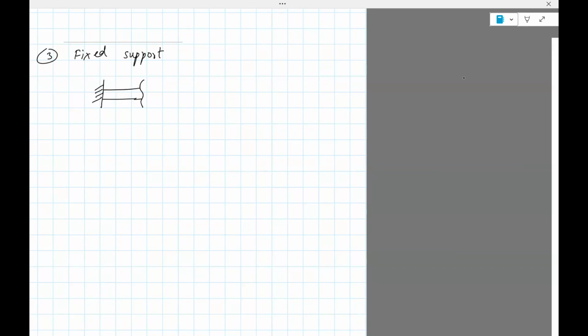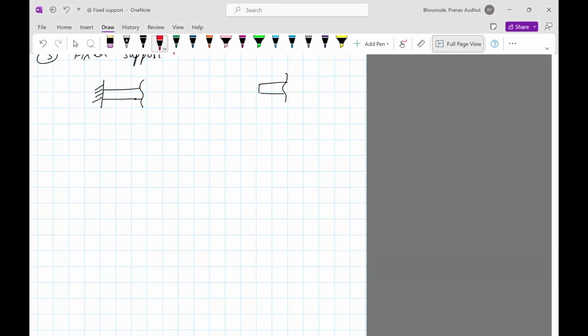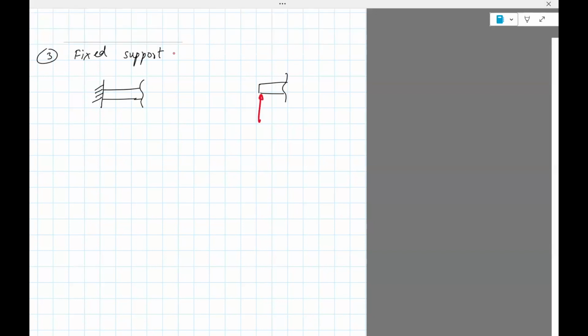For such a case, again, you'll pull it off from the wall. Then you'll show the reaction forces. There'll be a vertical force, there'll be a horizontal force, and because of the way it's fixed to the wall, the wall will also resist bending, so there'll be a moment. There are three unknowns here: h, v, and a moment. Again, you can write h, v, or you can write r at an angle theta.